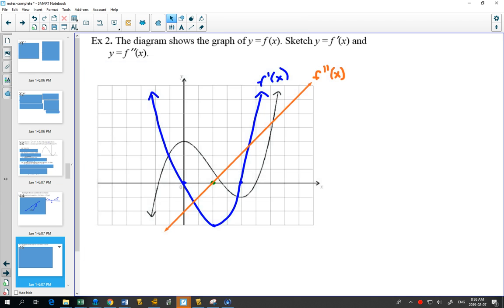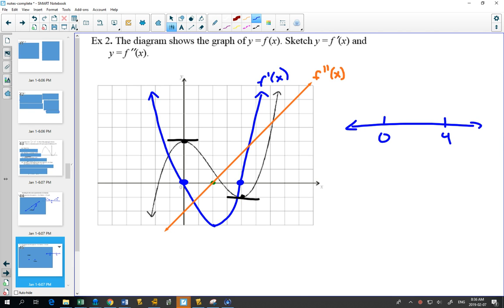Check the next one, see how you did. Again, you've got your original function. I would start by finding these maximums and minimums and transferring those to x-intercepts. Once you find those x-intercepts, if you wanted to make your sign diagram, we have one at 0 and one at 4.